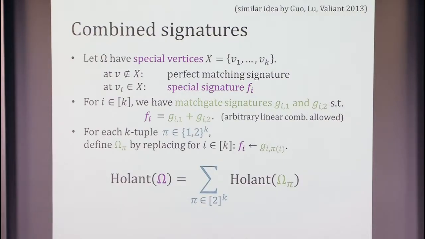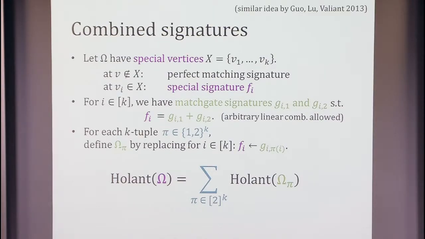Then let's define for each k-tuple pi over the set {1, 2} a signature graph omega pi by replacing, for each i in k, the signature fi by the signature gi pi(i). The original graph had some special vertices with special signatures, but each special signature can be expressed as a linear combination of two non-special, or matchgate, signatures.